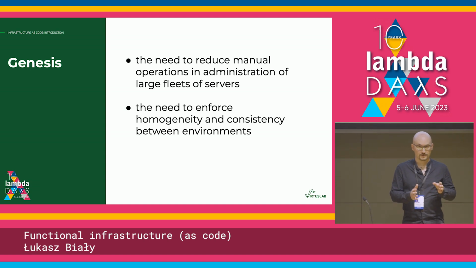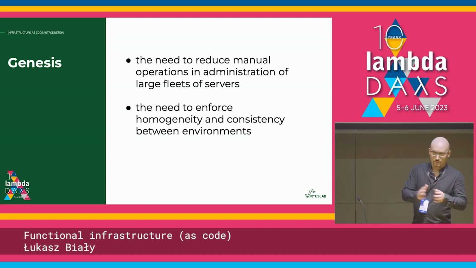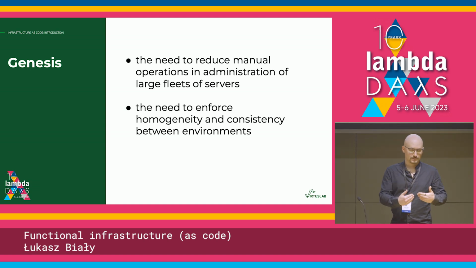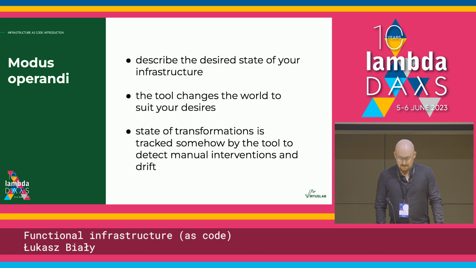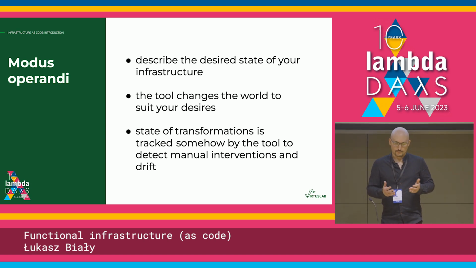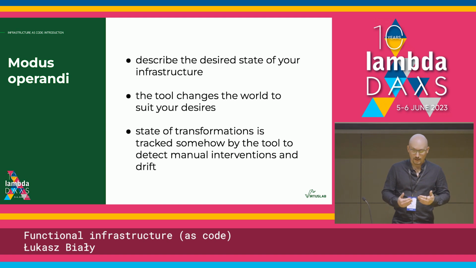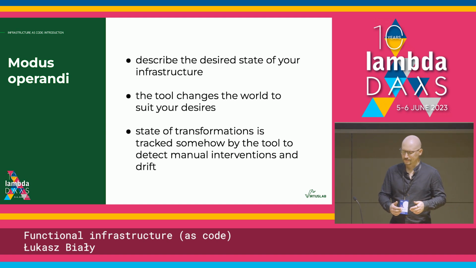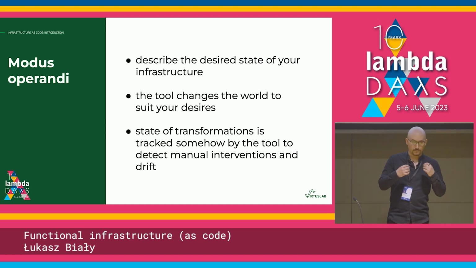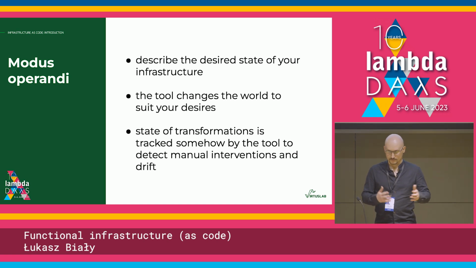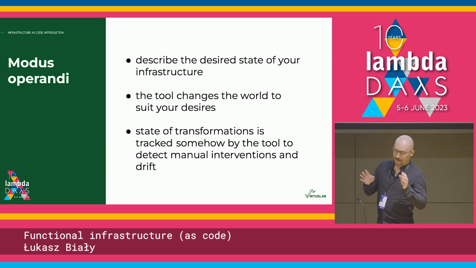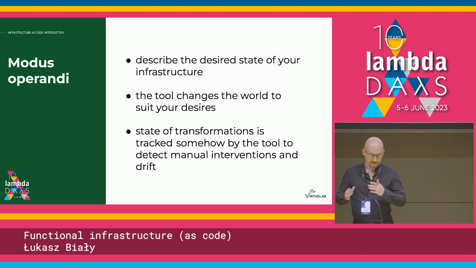We want everything in infrastructure to be as similar to each other as possible, so everything is consistent and we can just use the same code to perform the same operations on all environments. So how do those tools work? It's quite simple. You, in most cases, describe the outcome. You describe the desired state of the infrastructure that you want to get in the end. And then the tool does its magic. It applies your demanded state of the world on the actual mutable, imperative, horrible world, so that the outcome suits your desires.